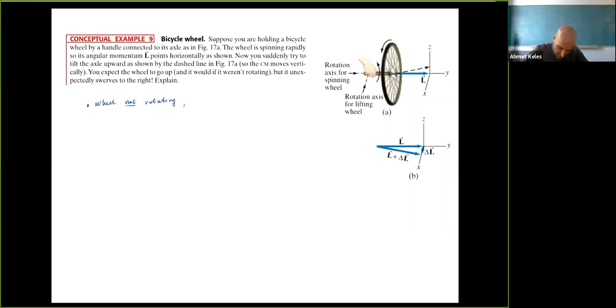And I want to ask you, if you push this wheel from here down, in which direction will this axle go? Is it going to go up or down, or like this, or like this? Any answers?